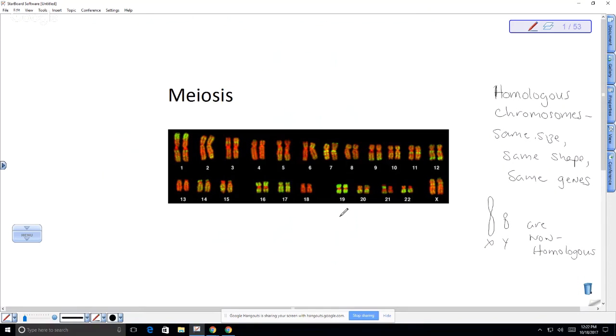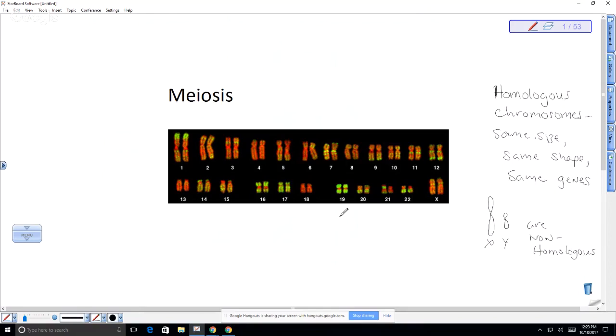You could also do a karyotype on you, if you took cells from your body. Generally, they don't do that unless there's something they think is really dramatic, because changes in the structure of the chromosome tend to cause big changes in the actual phenotype of the individual.